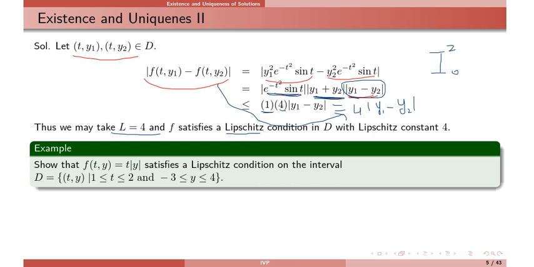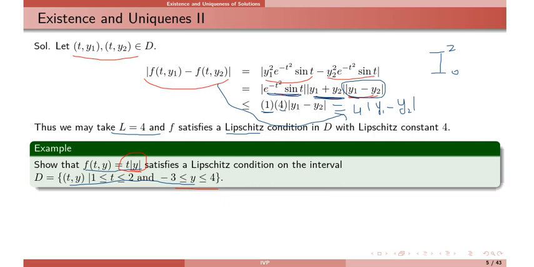In the second example, we have taken f(t,y) equal to t mod y, and we need to check this condition on this domain. On this domain, t is from 1 to 2 and y is from minus 3 to 4, and the function is t mod y.